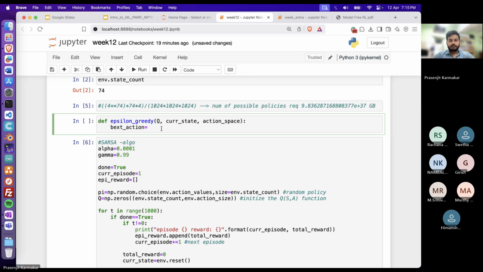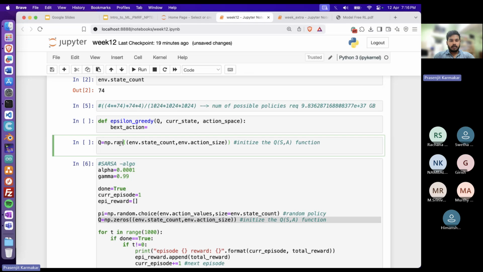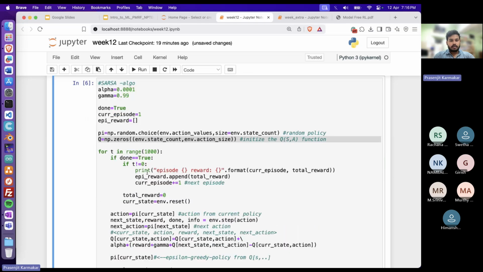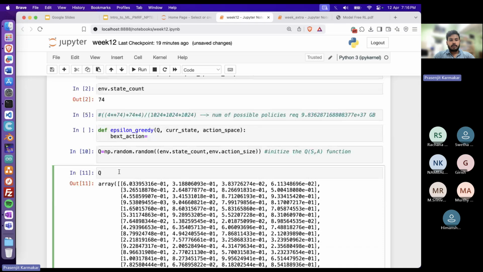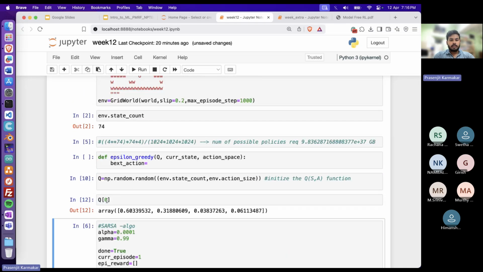Let me just do it outside somewhere, to populate some values. So this is the kind of arbitrary Q function we have. If I want to take from the 0th state, these are the possible Q values.